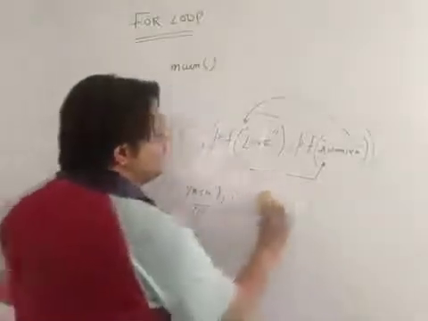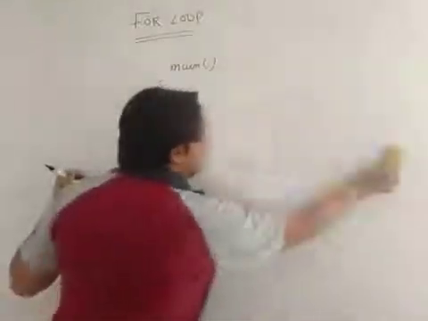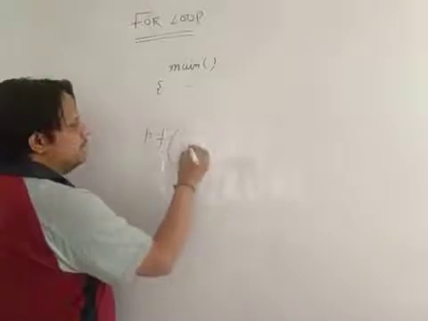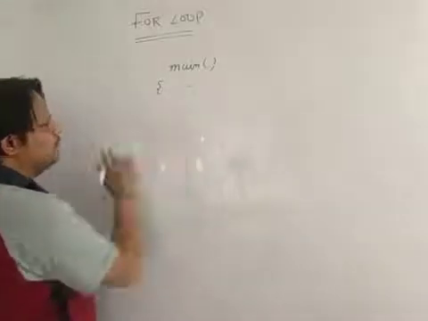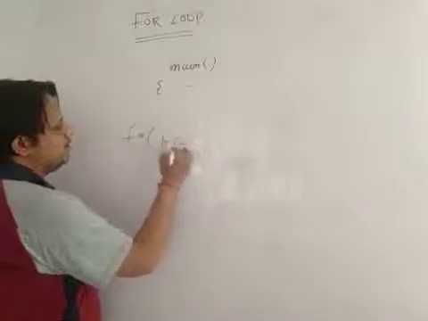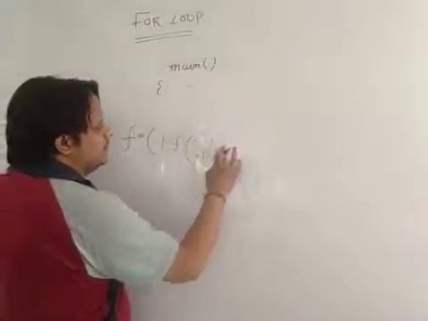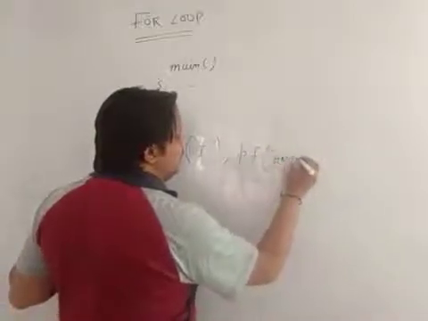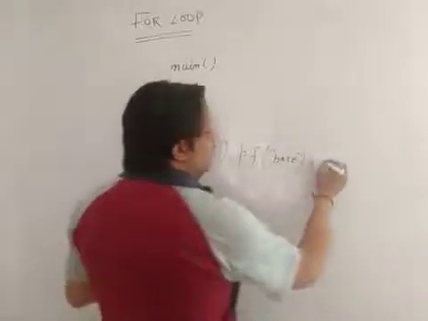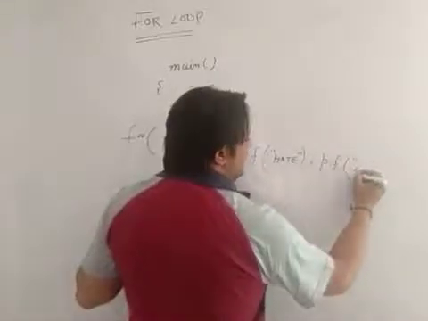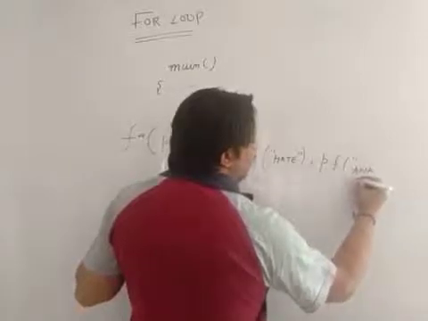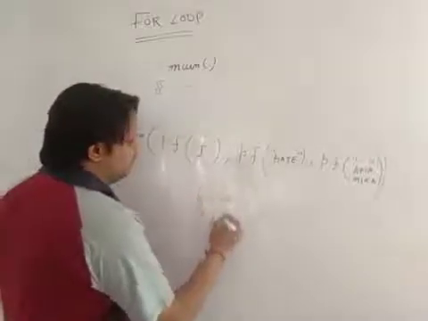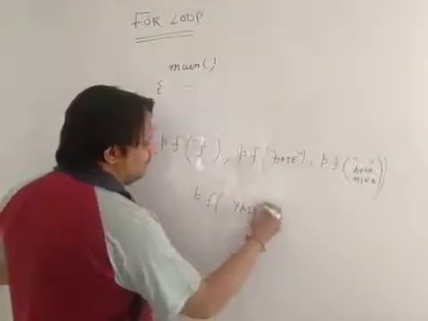Now, suppose I write a for loop: printf I, printf hate, printf Anamika, printf Yash.